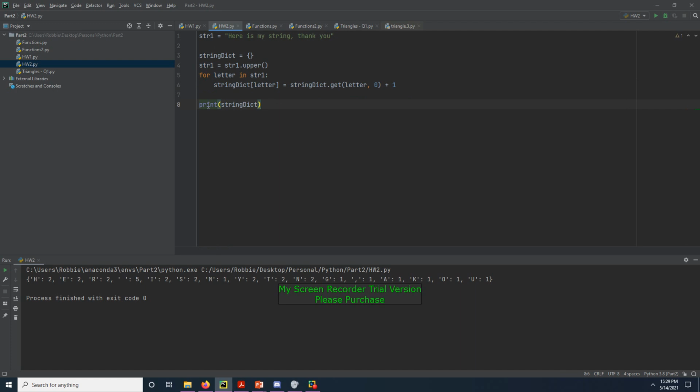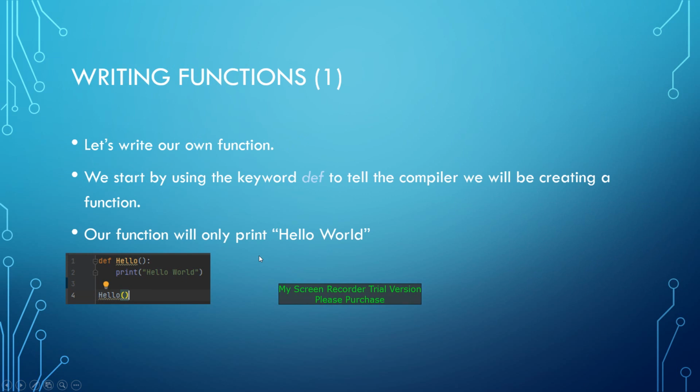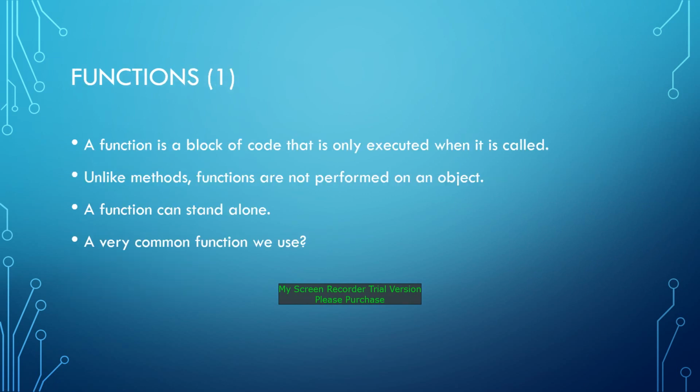Print can stand alone. We enter an argument for the print, so our argument will be the dictionary, but print does not change or edit the data of our dictionary, and the print function can stand on its own. It is not performed on an object. So that is the difference between a function and a method.